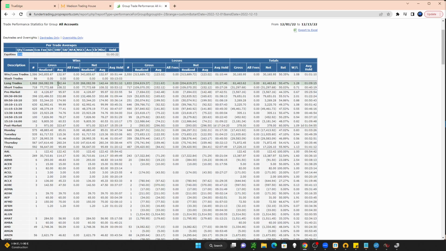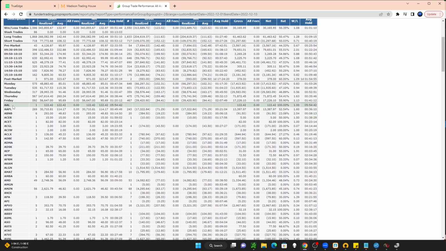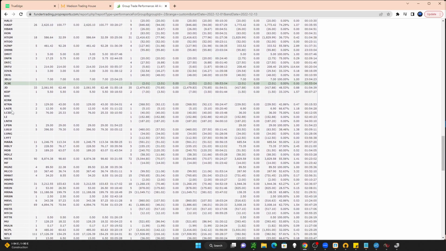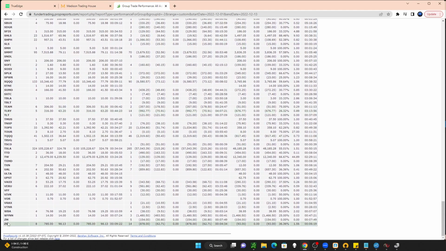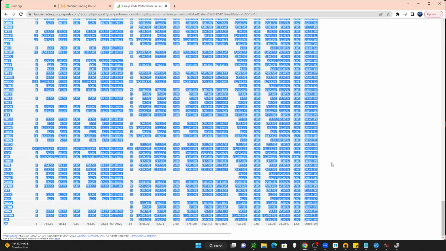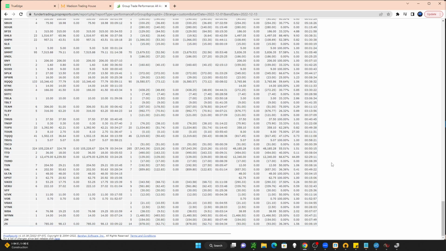And it's going to show me everything that you did in alphabetical order, starting from AAL, going all the way down to ZS. So these are all the stocks you guys have traded since the beginning of December until yesterday.